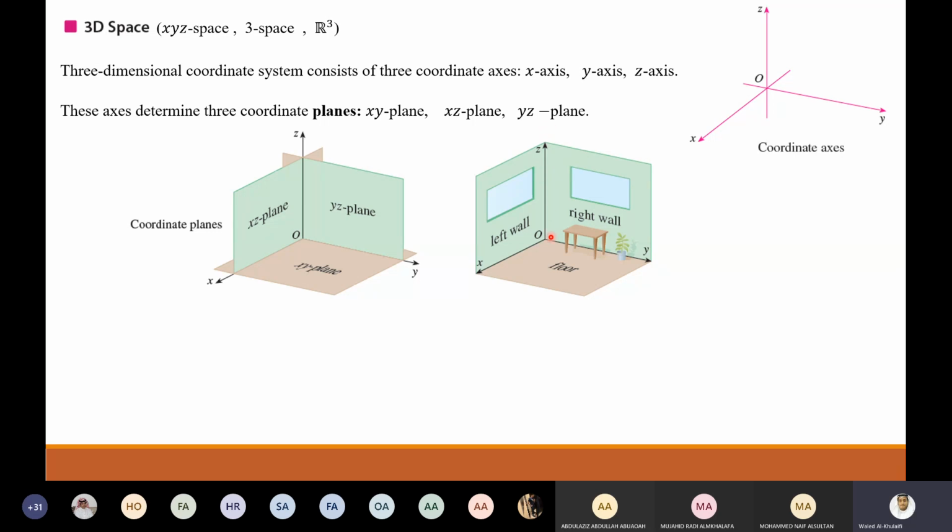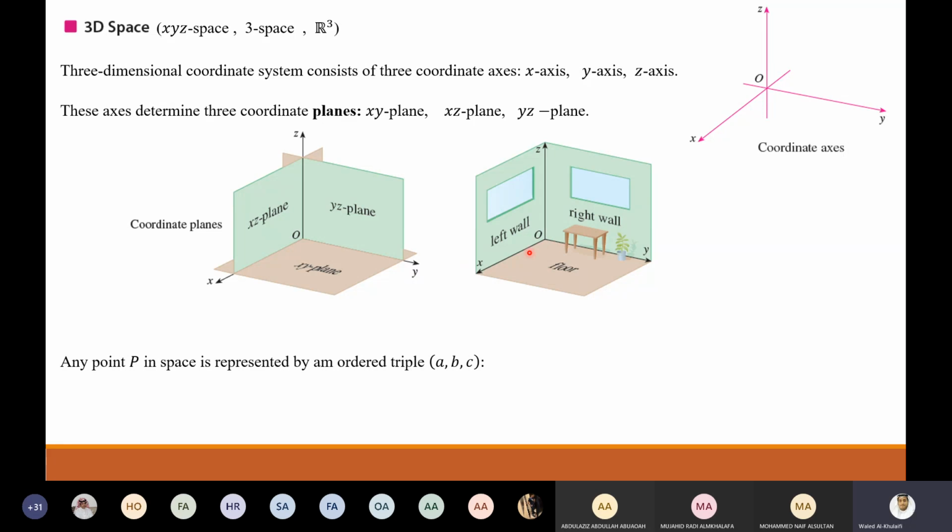Along this corner up to the roof is the z-axis. The floor is the xy plane, but not only this floor; even behind these walls and everything down is the xy plane. This wall you can think of as the xz plane, but think of it as infinite, and the same thing for the right wall, which is the yz plane.